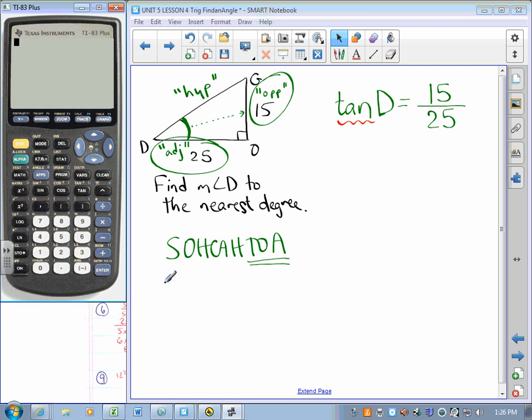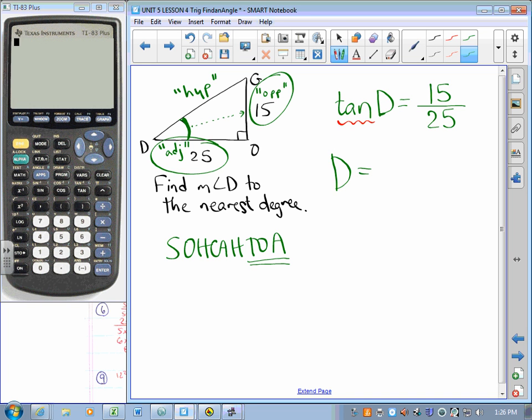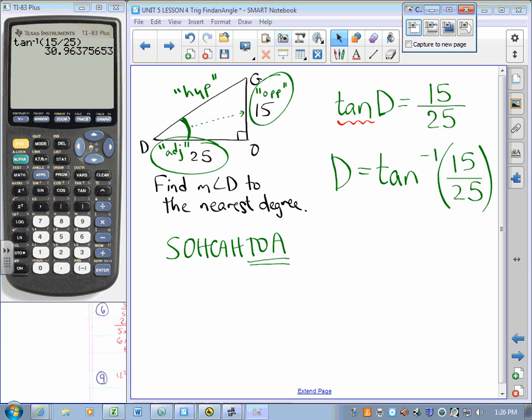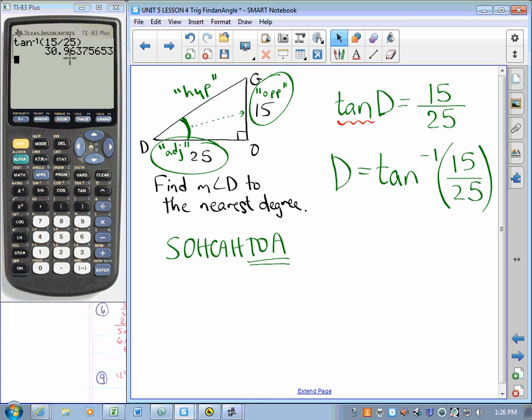The inverse tangent function tells us the angle if we know the tangent. So angle D is the inverse tangent, the angle whose tangent is 15 over 25. And so I can just go to my calculator and find the inverse tangent of 15 over 25, and whatever it hits is your angle in question.